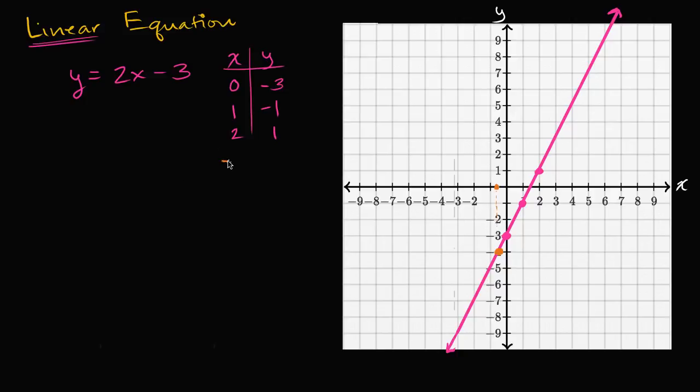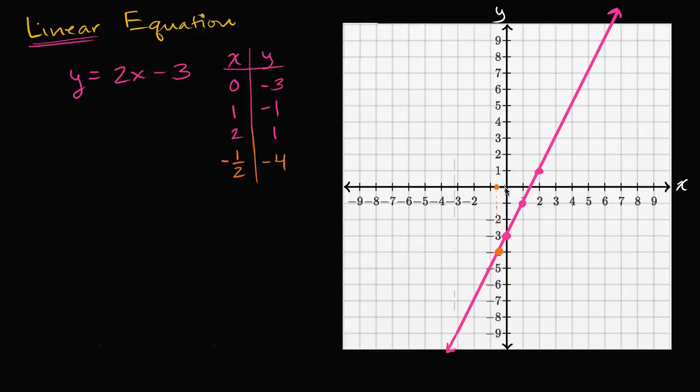If x is equal to negative 1/2, then what is y equal to? Let's see, 2 times negative 1/2 minus 3. Well, 2 times negative 1/2 is negative 1, minus 3 is indeed negative 4. It is indeed negative 4.